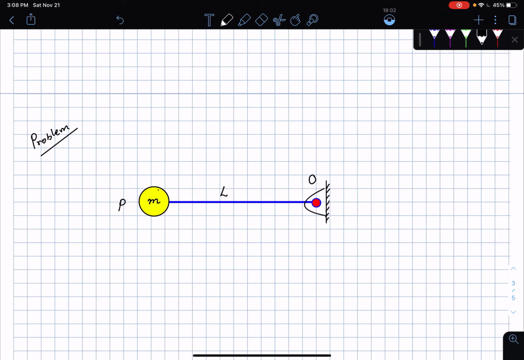Now obviously the system is not going to be in equilibrium because it's just going to plop down. It's like a simple pendulum. Now to put it in equilibrium, I do the following. On the top side of the mass, I attach a damping element.